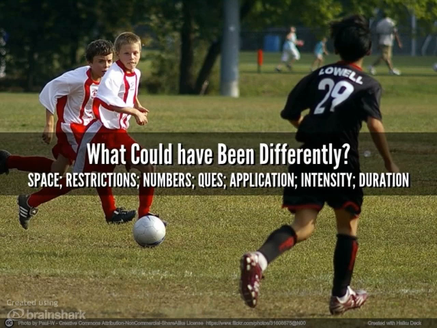And was it position specific? Did I help identify cues? Was the application proper? Was the intensity such that it was game realistic? And the duration. Did fatigue set in, or was it the proper amount?